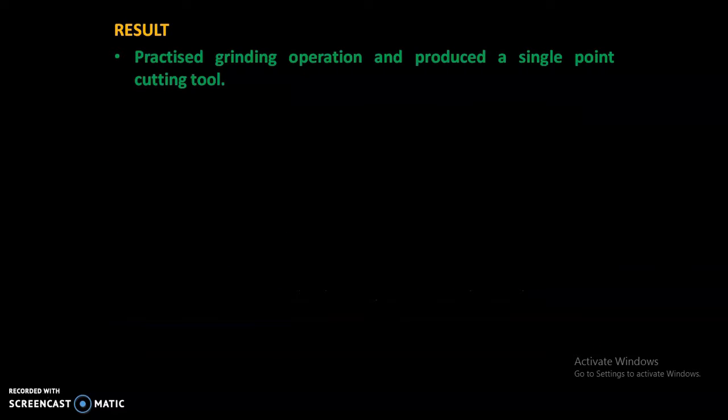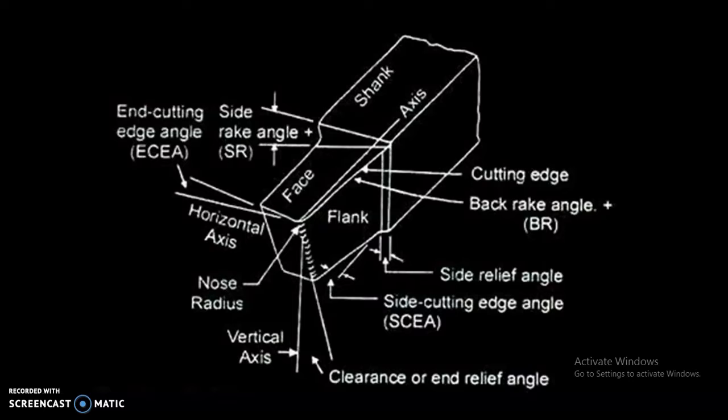Result tabulated like this. Now regarding the nomenclature, here is a cutting tool. You can see this is the shank of the tool or the blank tool, where the particular angles or the cutting surfaces are ground.